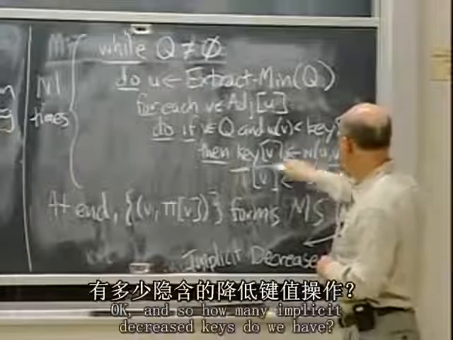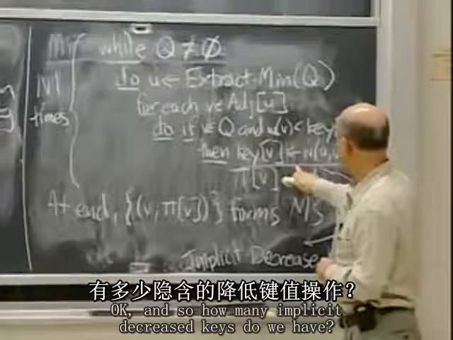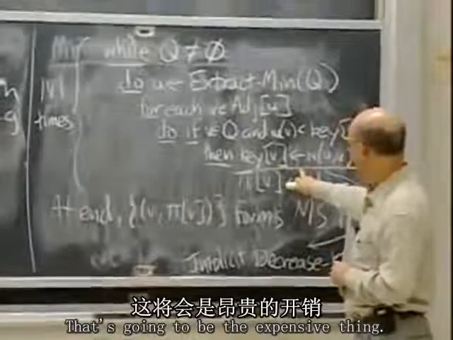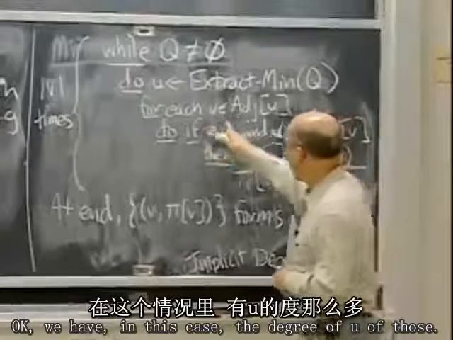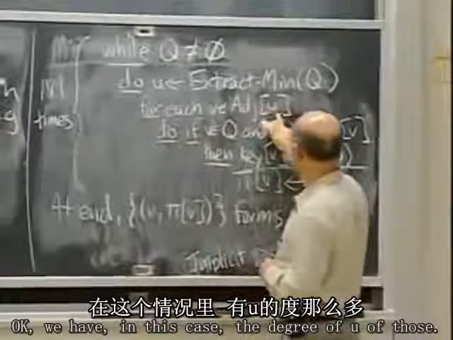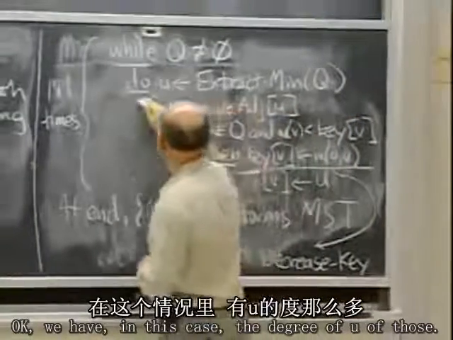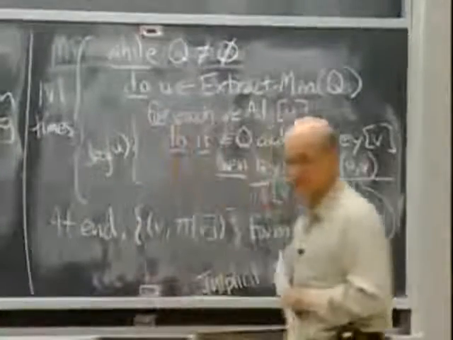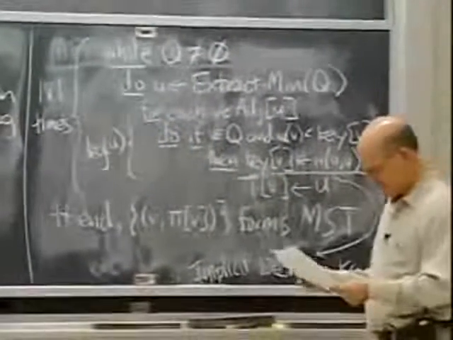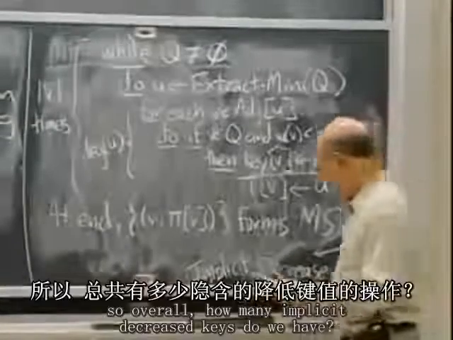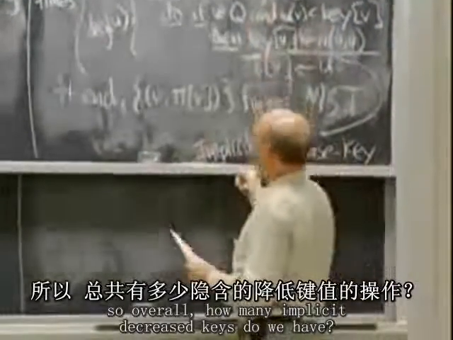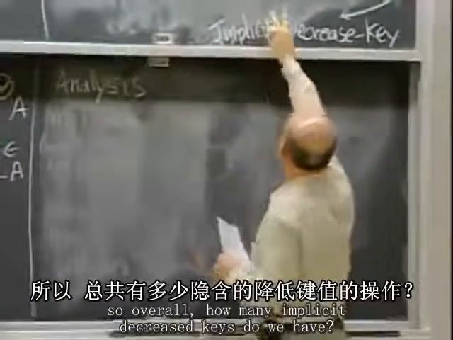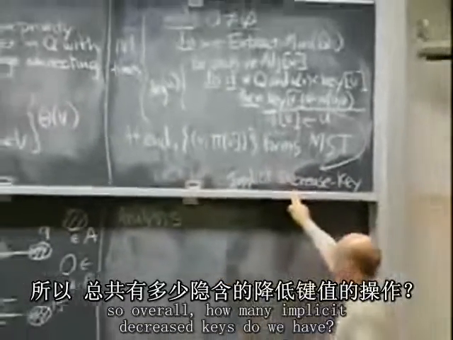And so how many implicit decrease keys do we have? That's going to be the expensive thing. In this case, we have the degree of u of those. So overall, how many implicit decrease keys do we have?